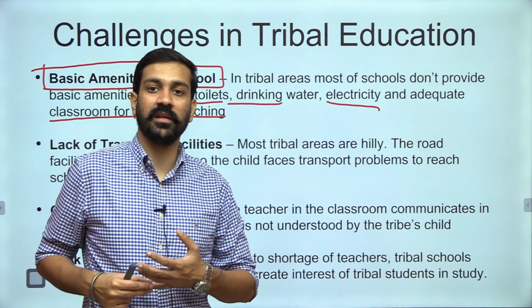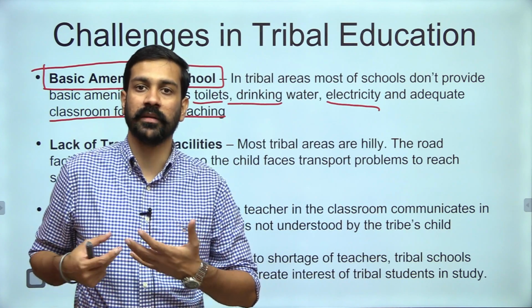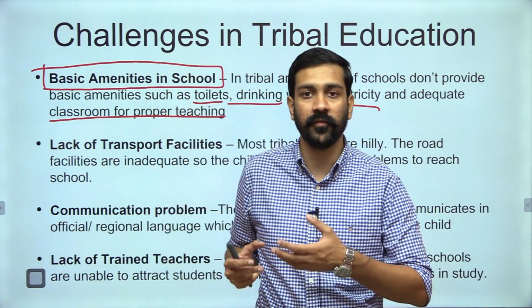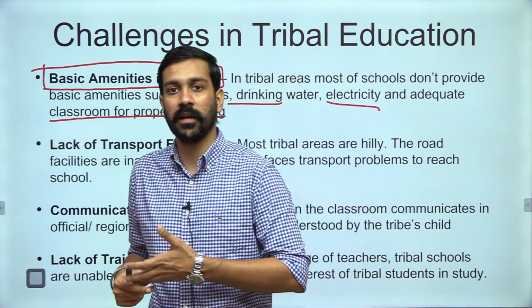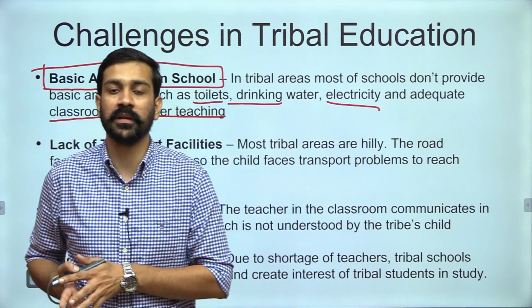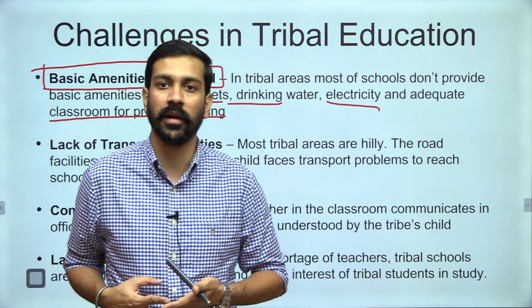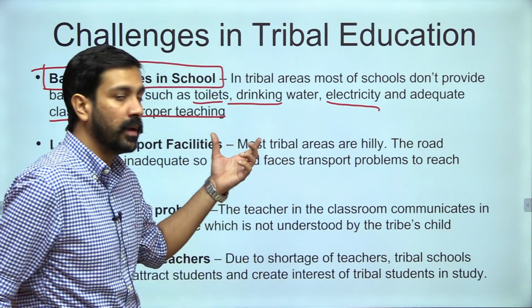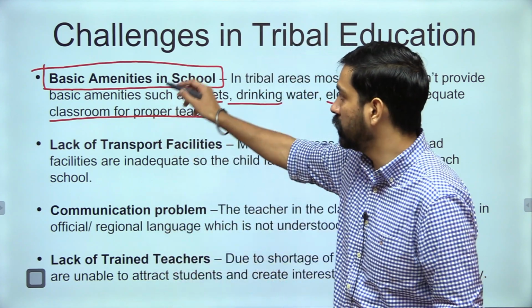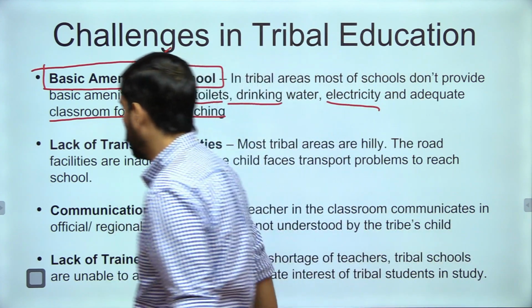If classrooms are there, boards are not there. If boards are there, chalks are not there. If boards and chalk are there, then benches are not there for children to sit. If the classroom is proper, then toilet facilities are not there in the school. So the first issue is basic amenities.